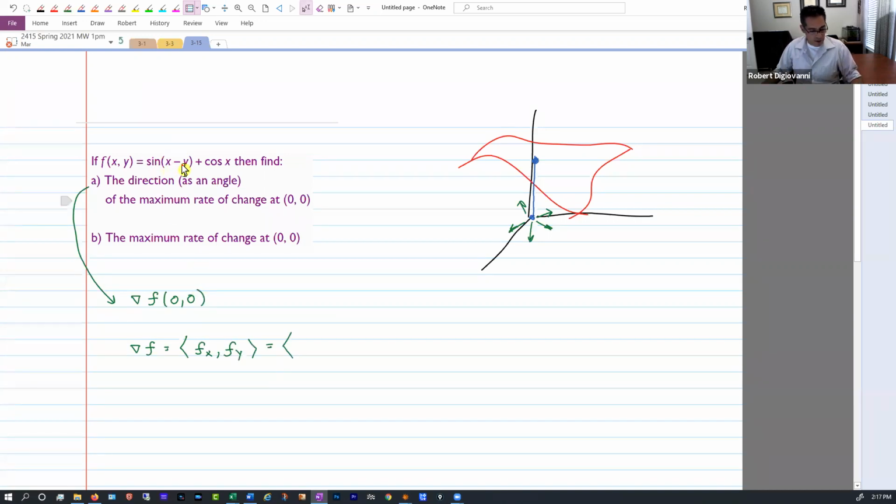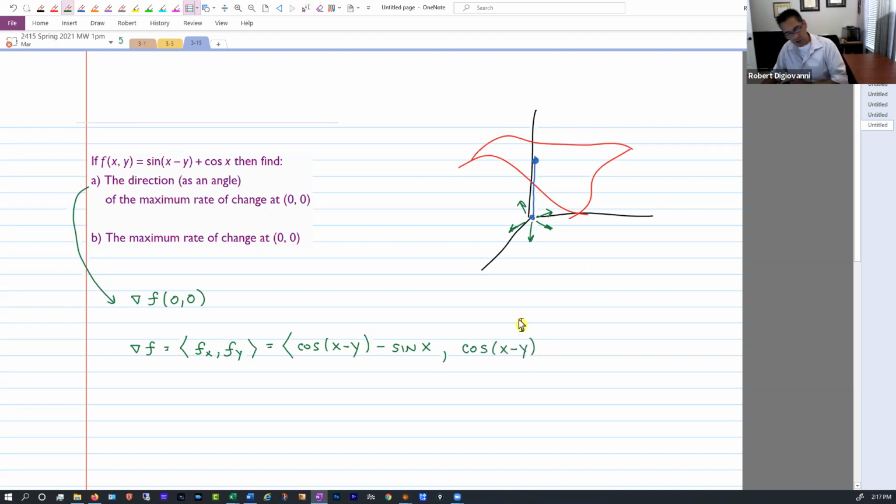Let's see, derivative of this first part is going to be cosine of x minus y times the derivative of the inside with respect to x, which is 1, plus the derivative of cosine x, which was negative sine x. Okay, that is the partial of f with respect to x. Now we do the partial of f with respect to y. So here, derivative of sine of something is cosine.